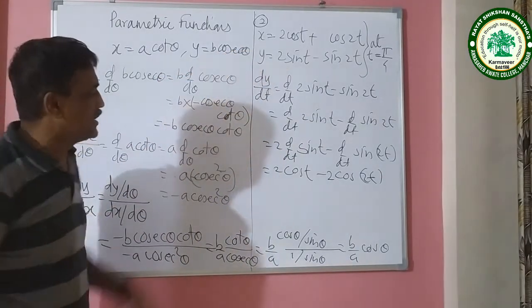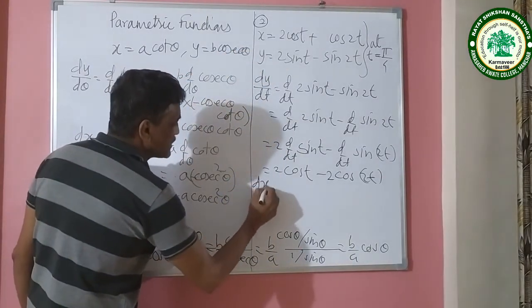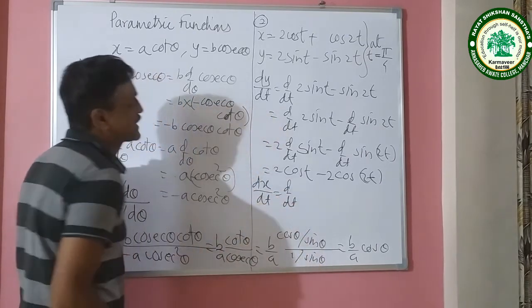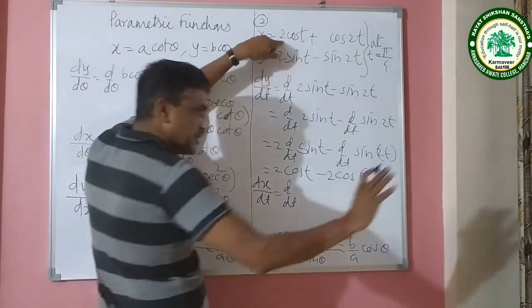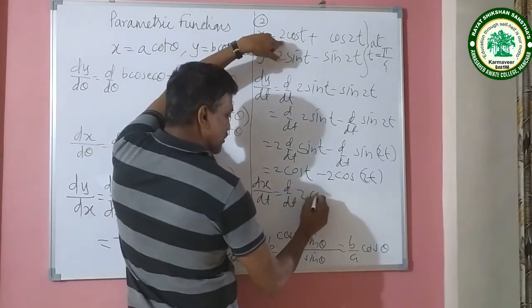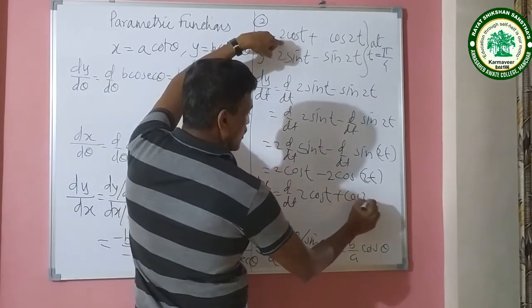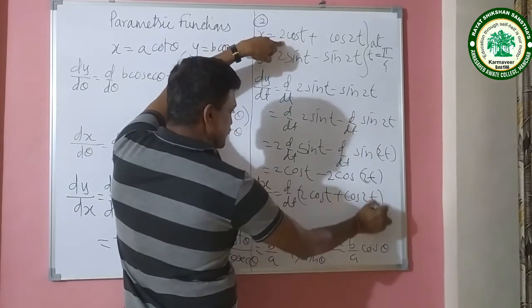x is a function of t, so derivative of x with respect to t. So d by dt of, what is x? It is 2 cos t plus cos 2t.